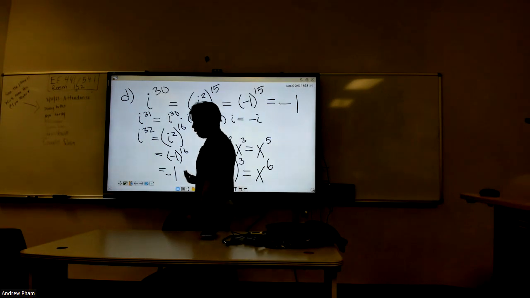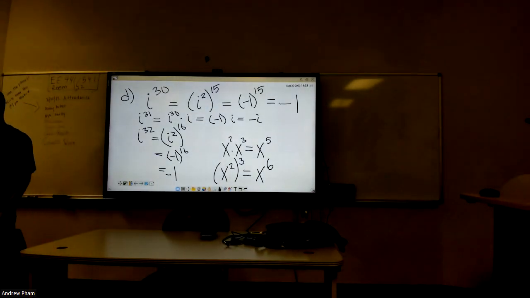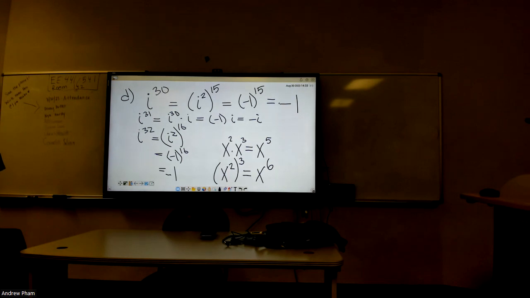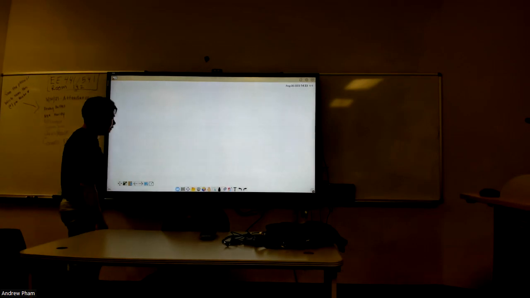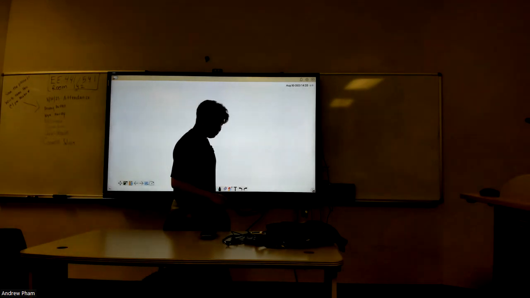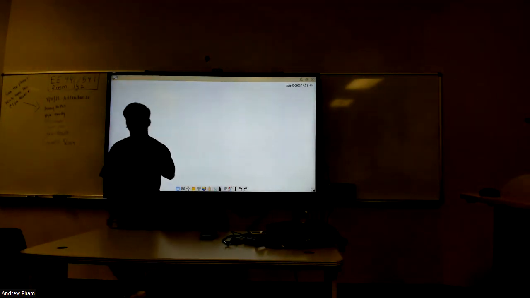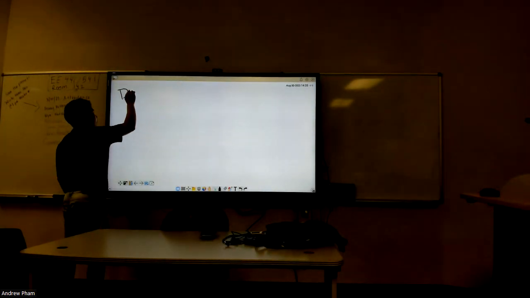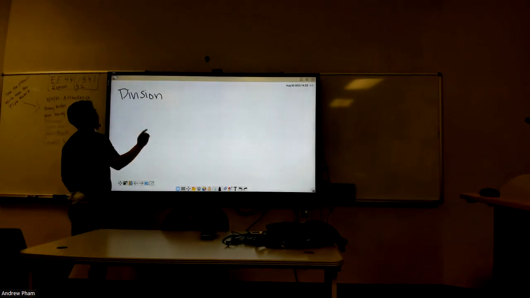So division is going to be a fair bit more work, but in the end, we're going to see that it's just a lot of multiplication in the long run. So let's go ahead and do division. Division with complex numbers.